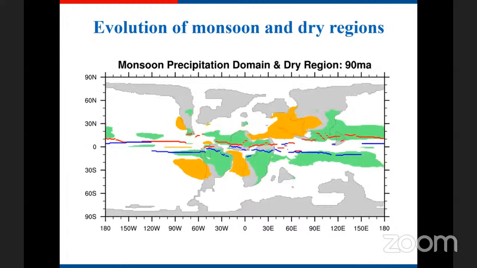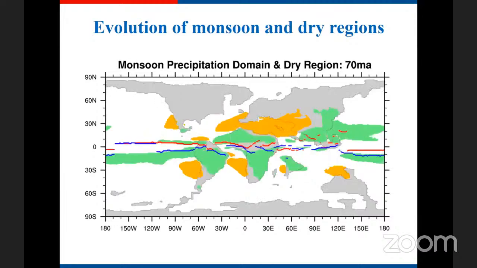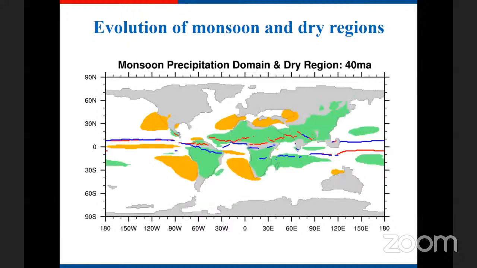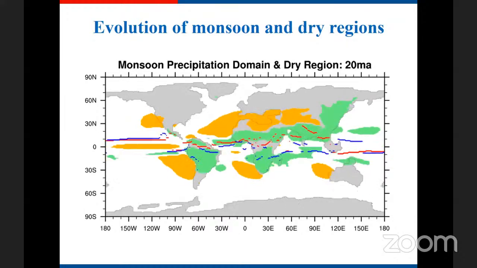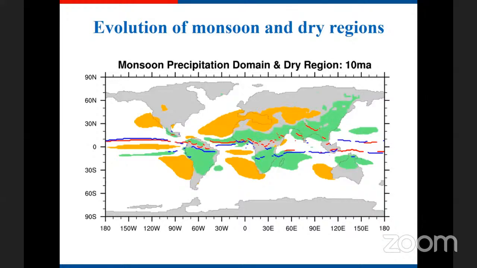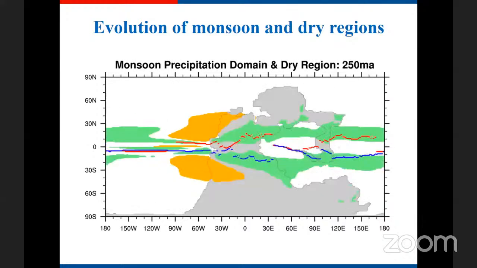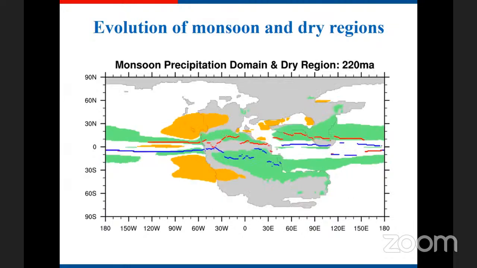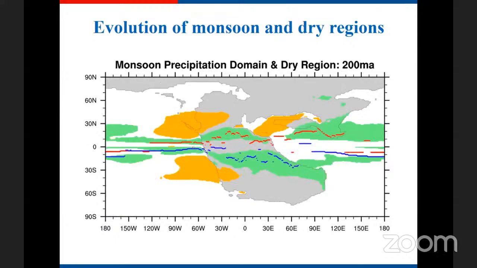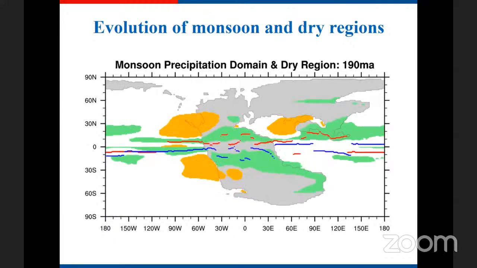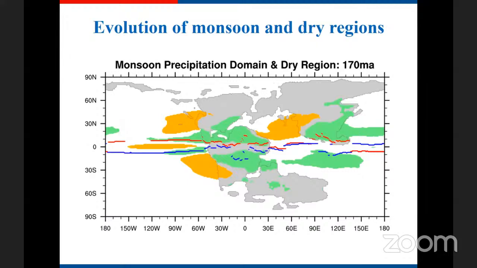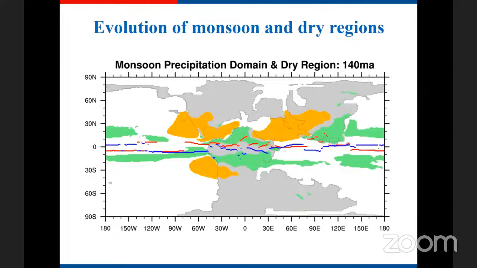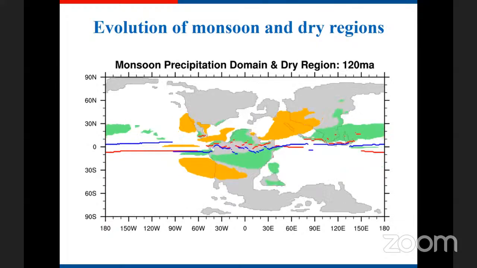We can also see that for the Pangaea supercontinent at 250 MA, there is the mega monsoon called by Kutzbach. Then when the supercontinent breaks up into smaller pieces, the monsoon areas, particularly the land monsoon areas, become very, very small. I will show you more about this later.